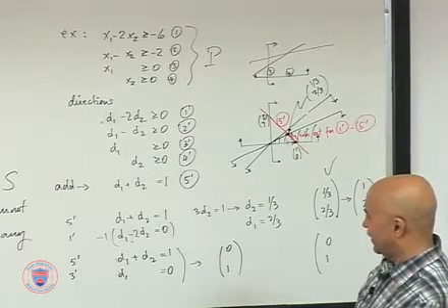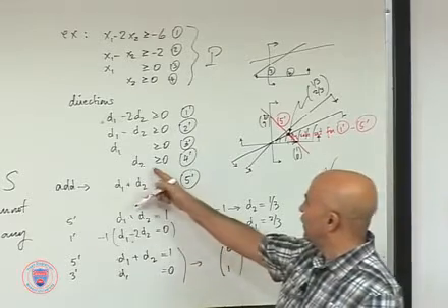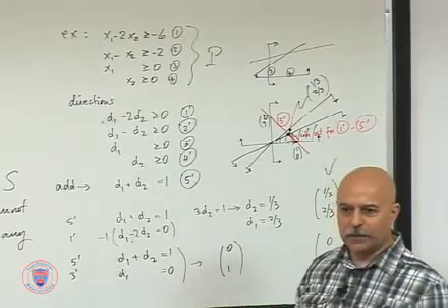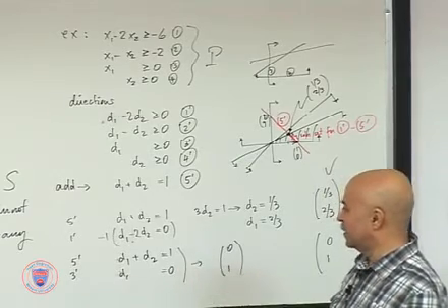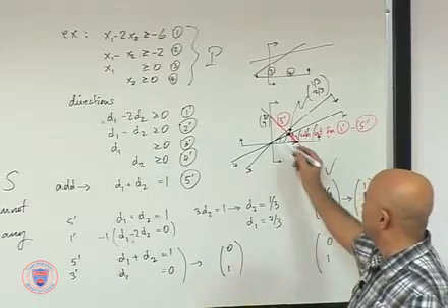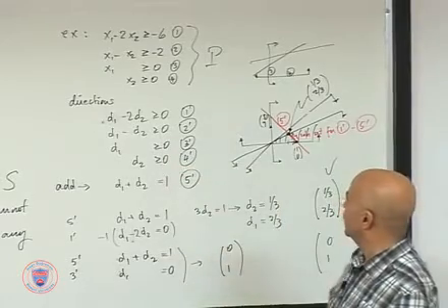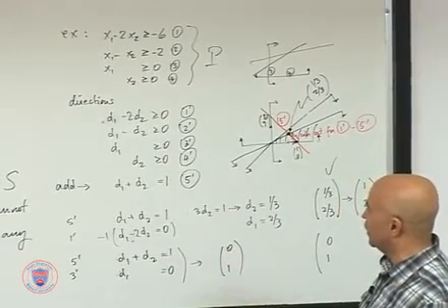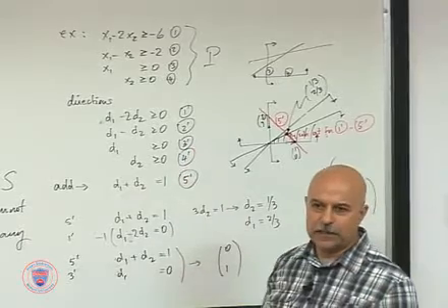We had better take the fourth constraint. I want the fourth one, not the third one. But this is not a direction, because it points this way, and it should be violating at least one of the constraints. Which one does it violate? 0 minus d2. Number 2 prime is violated.